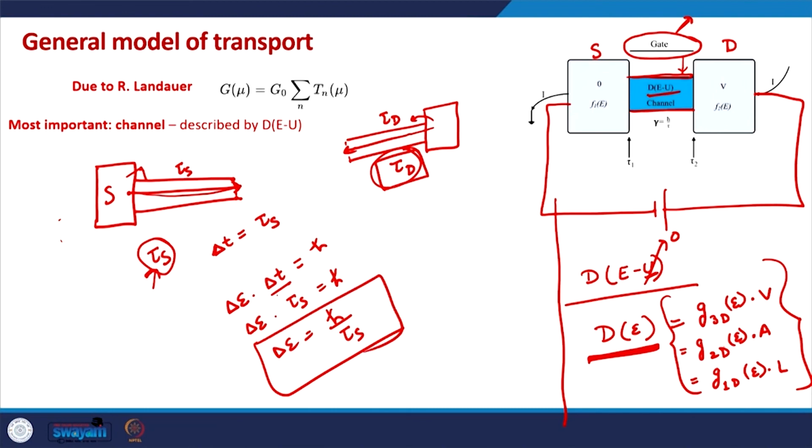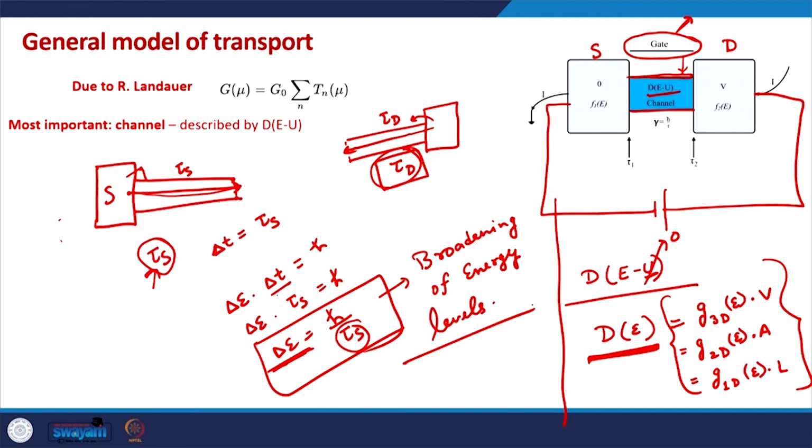So if the electron stays in an energy level for only a time of tau s, the uncertainty in the energy of the electron is delta E, and it leads to the broadening of the energy levels. Because of the finite time of the electron in the channel, the energy levels in the channel region are broadened by this value h bar by tau.